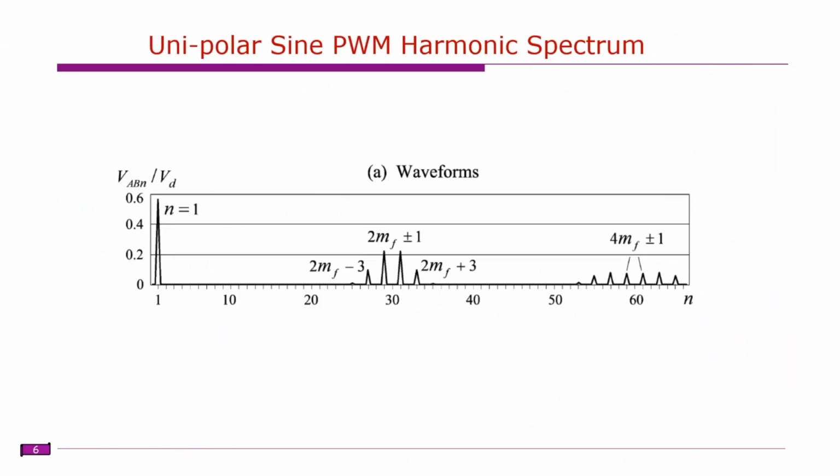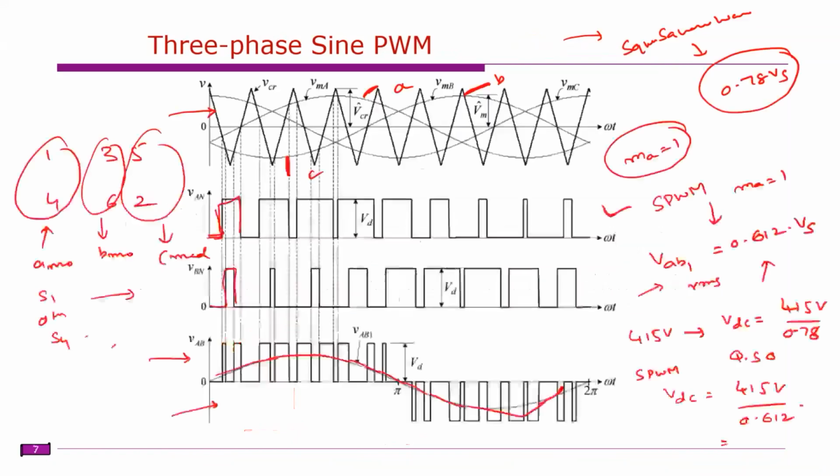So the operation is something like this. You have this modulation index MA, and here the output voltage. So from 0 to 1 value of MA, that is under modulation. You know at what exact values the switching will take place.